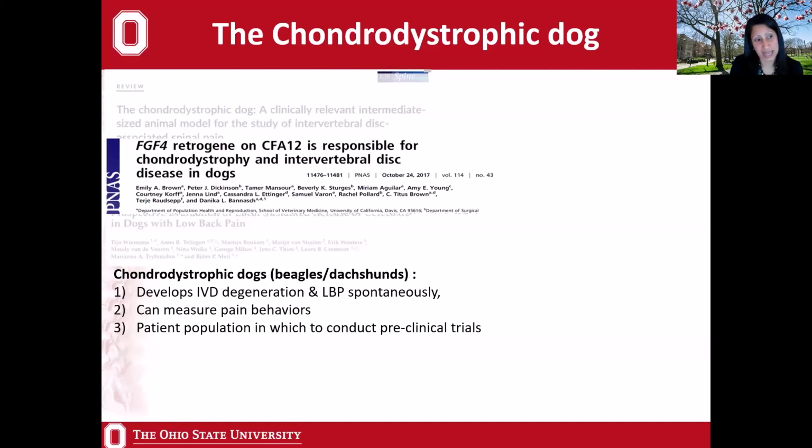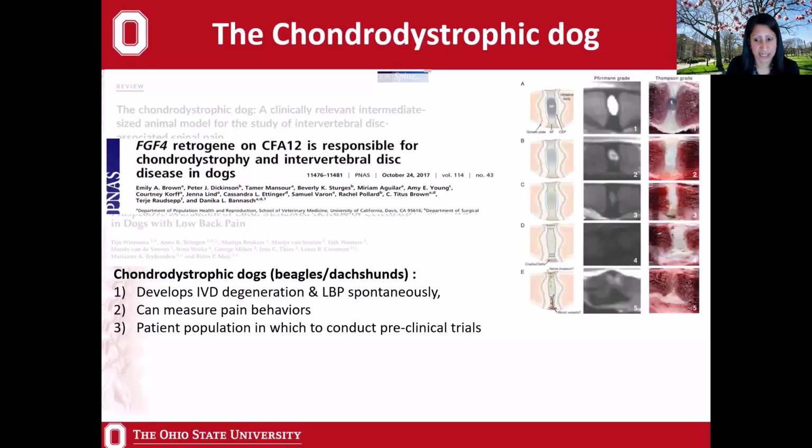One of the challenges with goats, pigs, and sheep is that it's really hard to measure pain in these models. However, the chondrodystrophic dog offers a population where you can assess this both clinically as a pet population and on the research side. And they're really attractive because you actually have a patient population where you can start to conduct preclinical trials, really highlighting their utility.